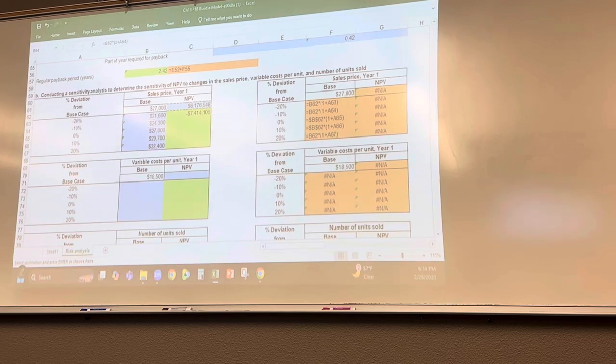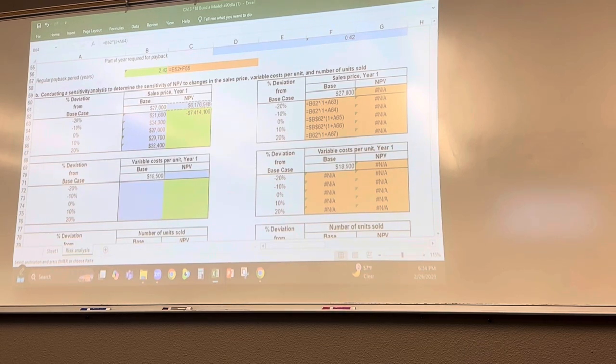And for expediency, I'm actually just gonna paste these numbers, because that's what I'm doing for all of these, right? I'm gonna do that with my sales numbers. My NPV is gonna be the same for this case.